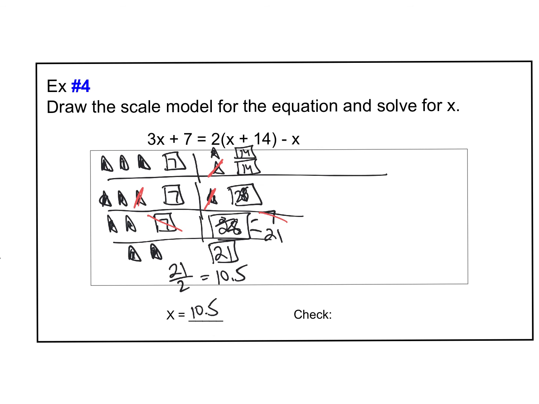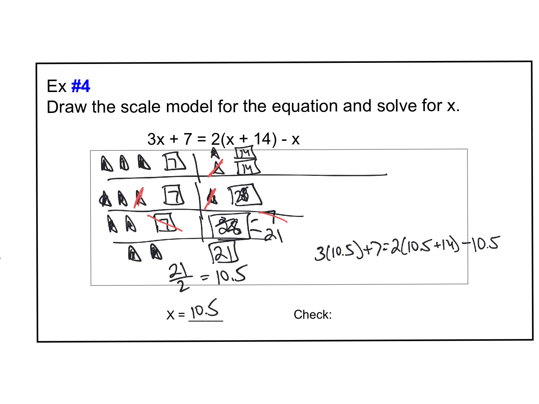So the check, 3 times 10.5 plus 7 is the same as 2 times the quantity of 10.5 plus 14 minus 10.5.